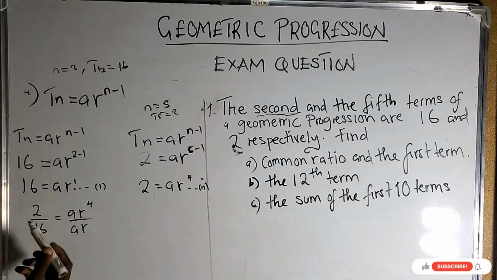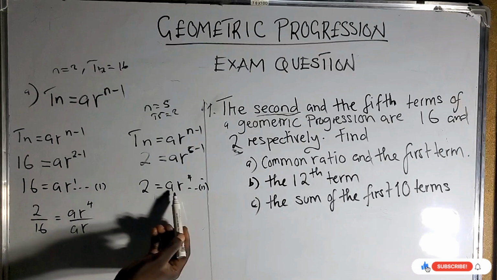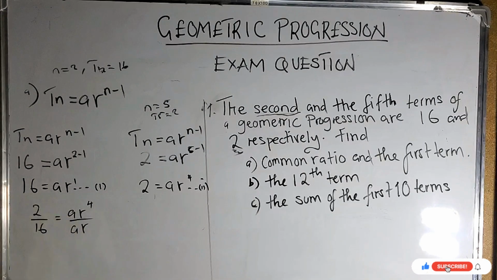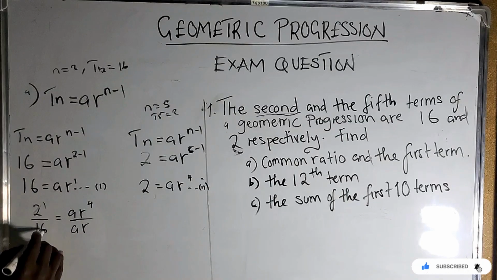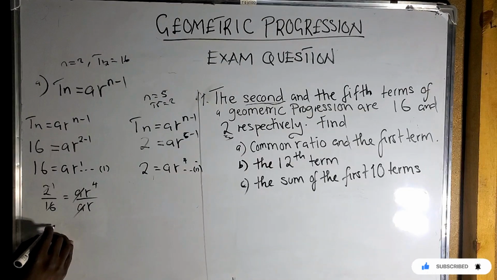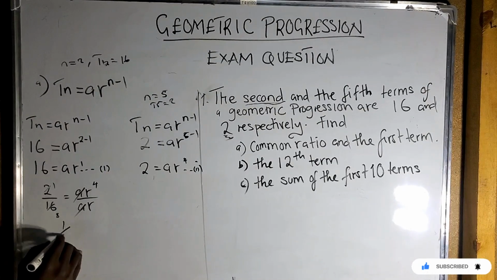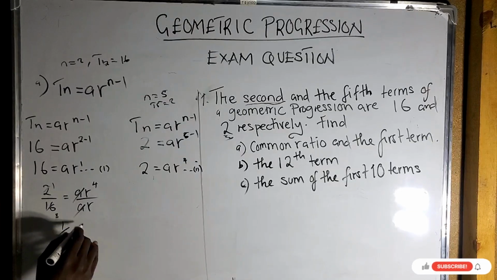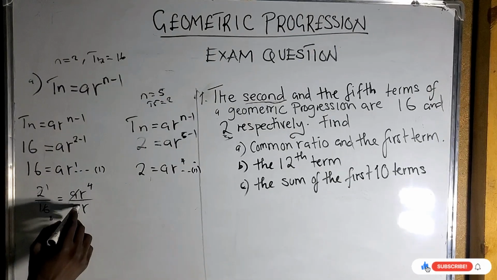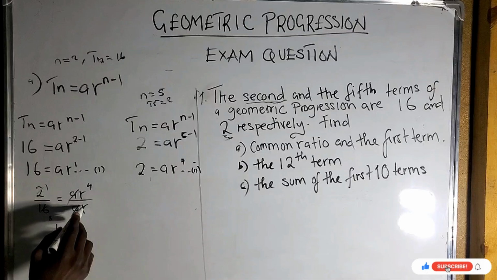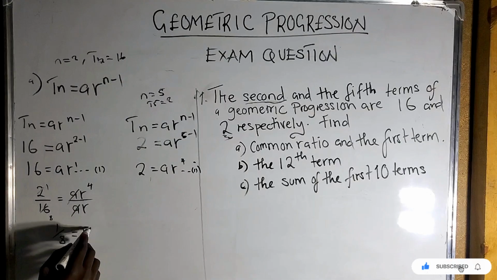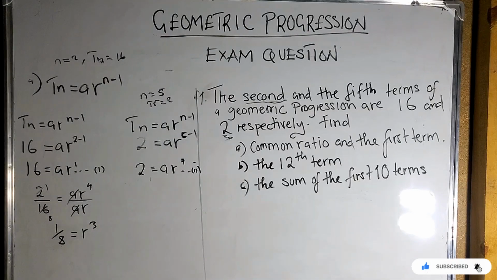What's on top is the second term, and what's down here is the first term. We can simplify: 2 into 2 is 1, and 2 into 16 is 8. So we have 1 over 8 equals; a will cancel, and r into r to the power 4 is just r to the power 3.